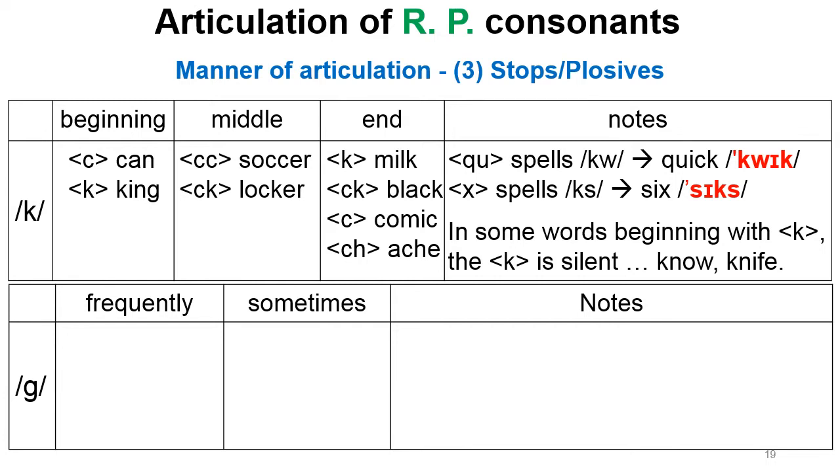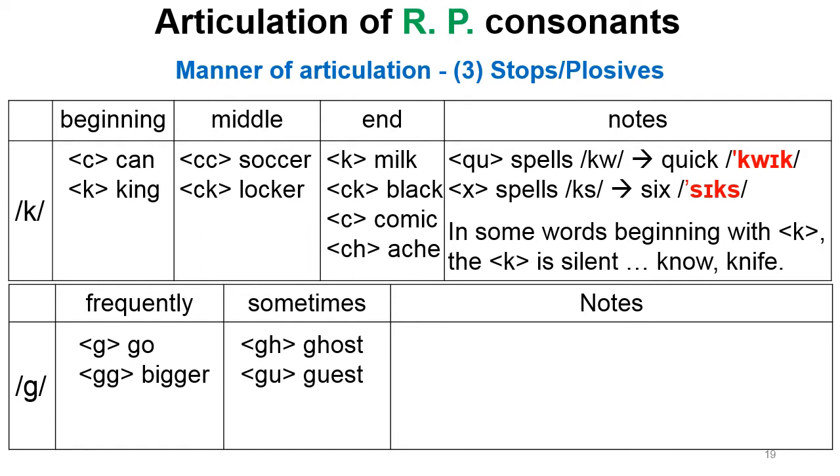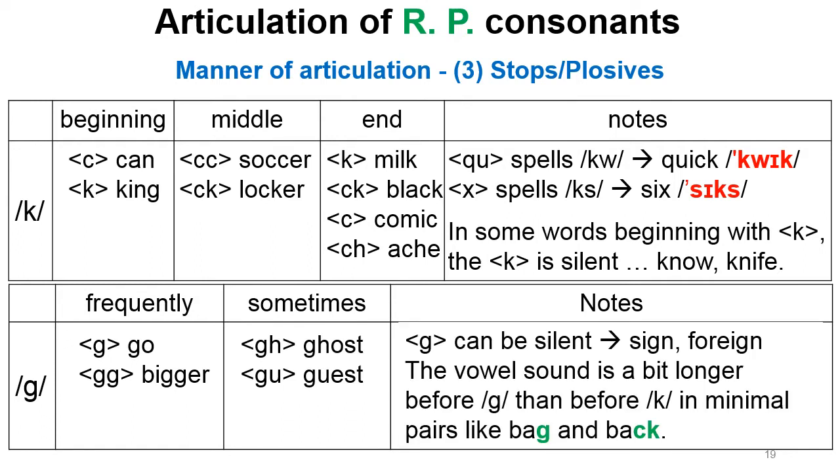The phoneme g is frequently spelt as G or double G, sometimes GH or GU. Also, the letter G can be silent. And note that the vowel sound is a bit longer before g than before k, in minimal pairs like bag and back.